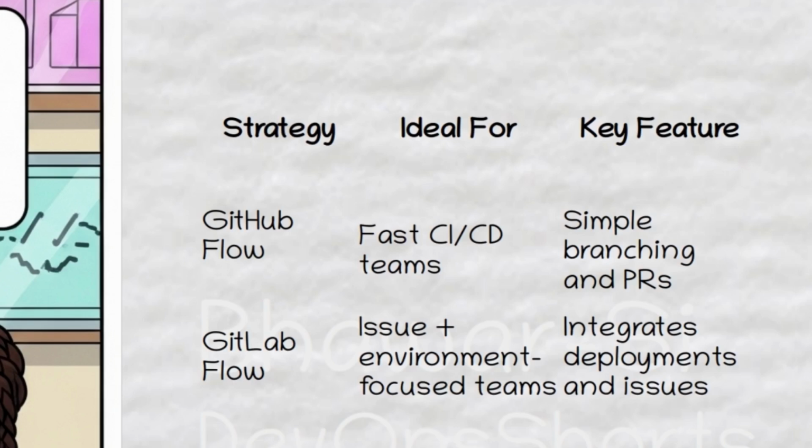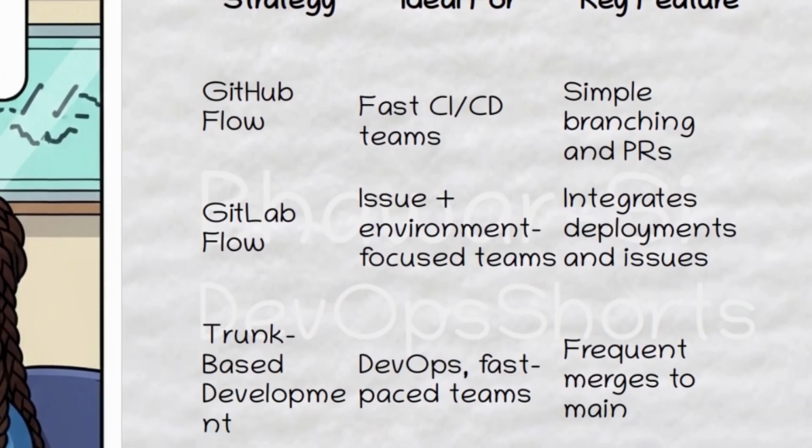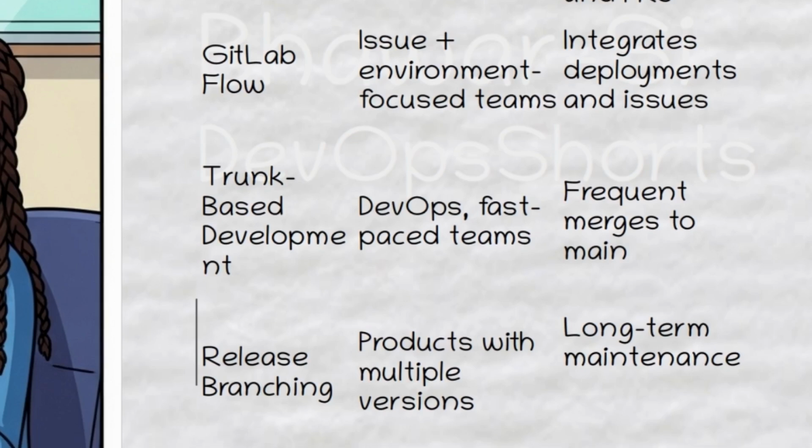This is best for continuous deployment environments and popular with startups, open source, and DevOps teams. Fifth, GitLab flow. This strategy combines Git flow with environment-based branches like staging and production. This is tied closely with CI/CD pipelines and issue tracking, and it focuses on real-world deployment.